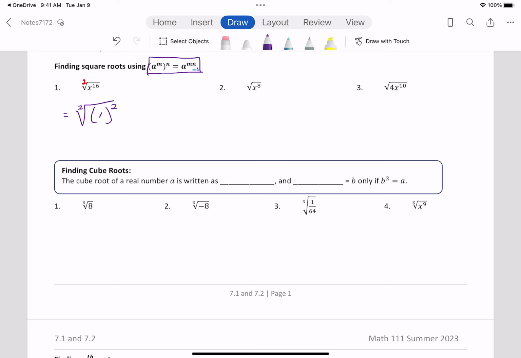Remember, if I put x to an exponent in here, the exponents are going to multiply. So if I need 16, I would need x to the 8, because x to the 8 times 2 will give me 16. And then once it's in this form, those 2's can cancel, so I'm left with x to the 8th.